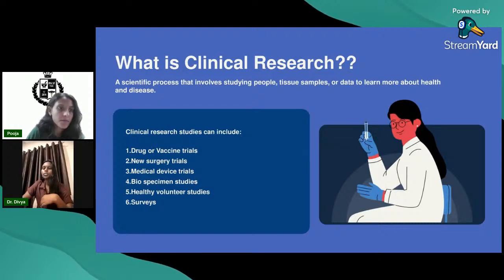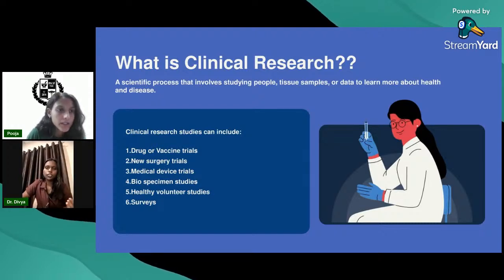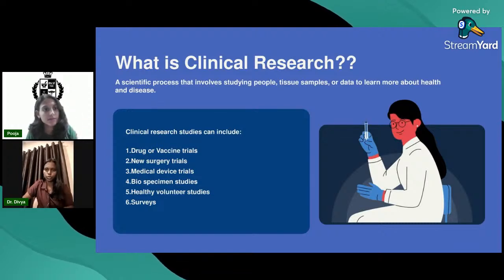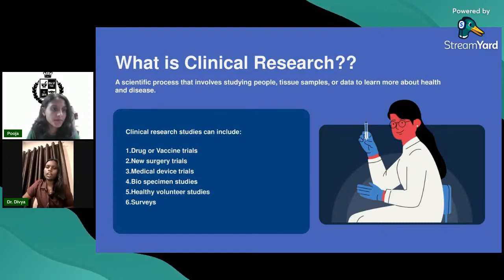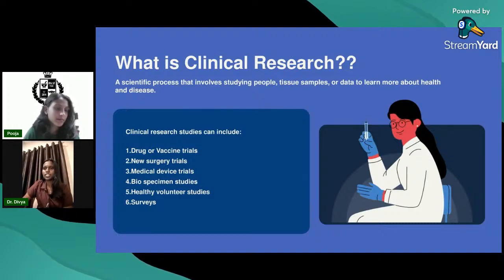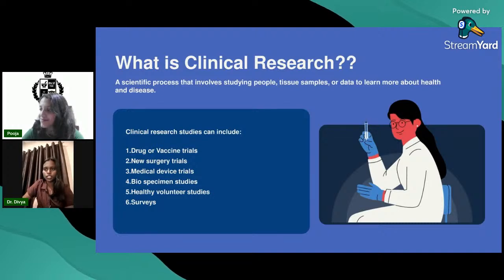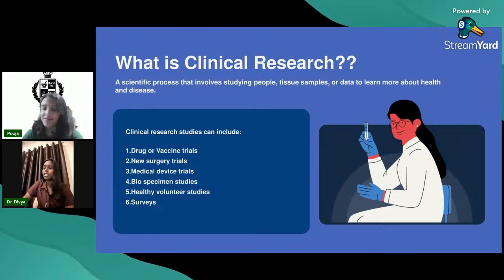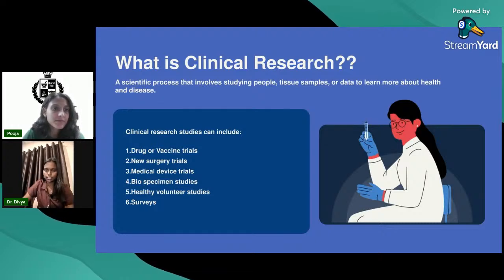Clinical research, if you ask me, is the most versatile and vast field you can get into. If you have any type of skill or any type of interest, there is a place for you in clinical research. Trust me. By definition, it's a scientific process which involves studying people, tissue samples, and data to learn more about health and diseases.